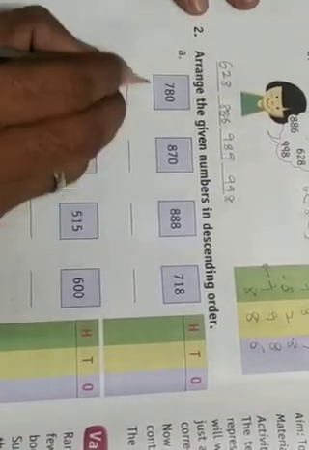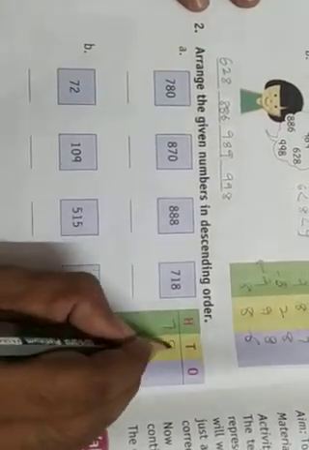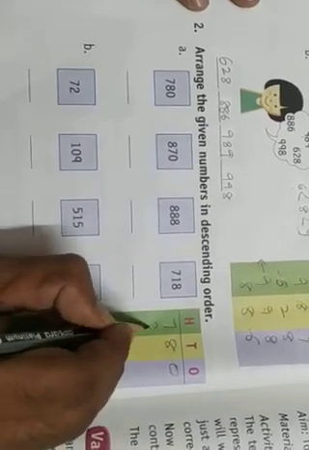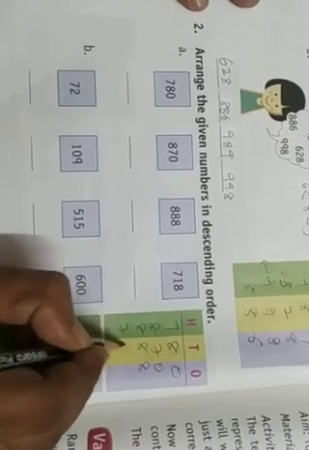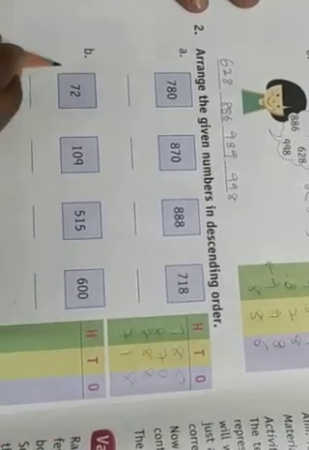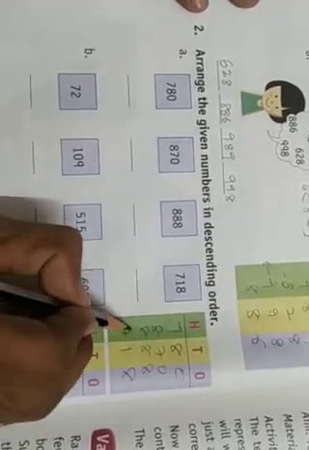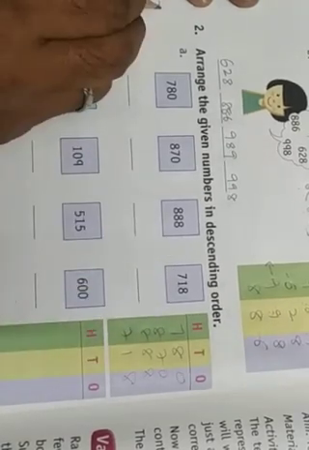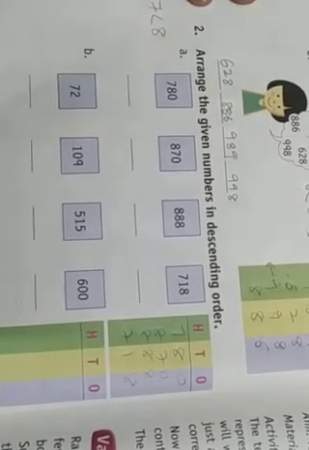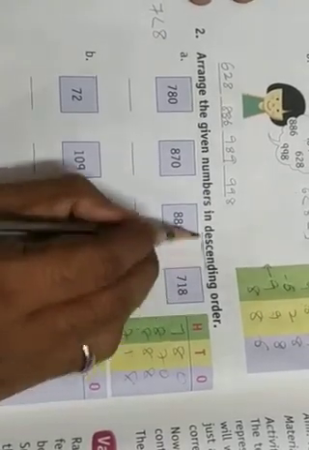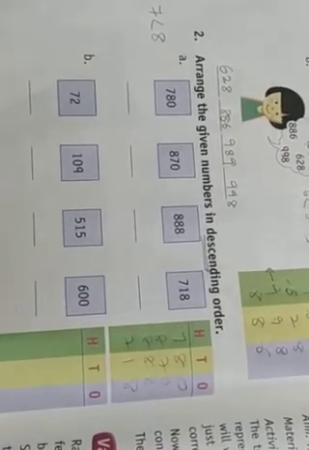So we have to arrange 780, 870, 888, 718. Here in the hundreds place there are only two digits, 7 and 8. 7 is less than 8. Here we have to arrange from the bigger number to the smaller number, which you have to keep in mind.